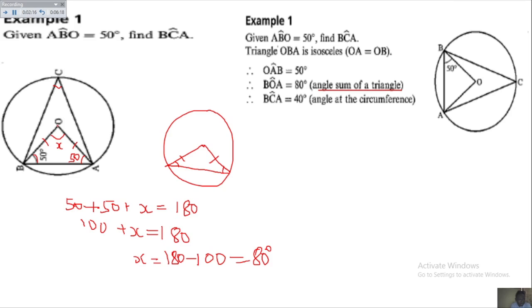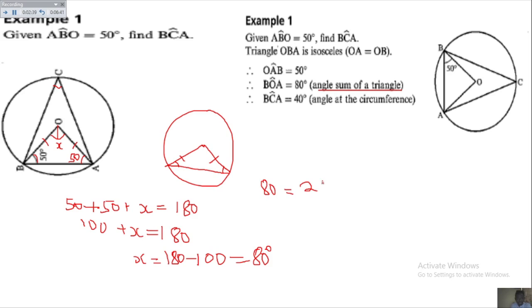Therefore, in this particular case now, what happened? If this is 180 and I want to get this, I will only divide this one by what? 2. The angle at the center is twice the angle at the circumference. Meaning the angle at the center, which is 80, is twice the angle what? The circumference.